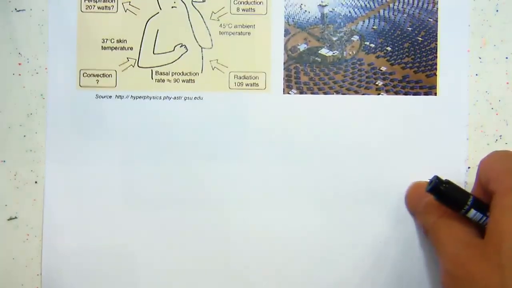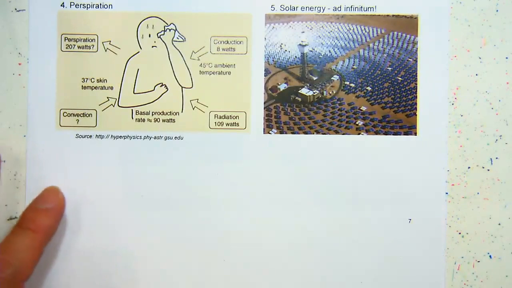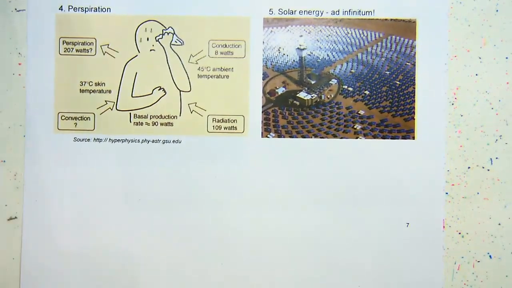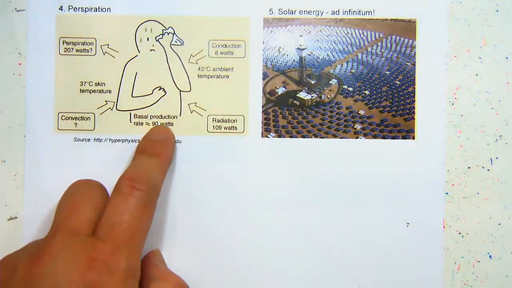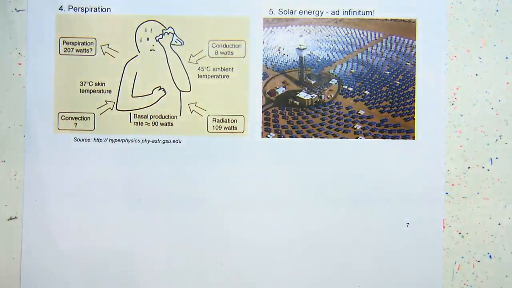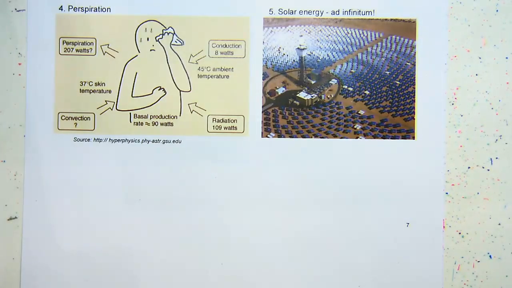Another two examples are related to human comfort. As humans, we are constantly generating heat. The basal production is about 90 watts, so everybody is generating this much heat. That's why if the room is full, it's a lot warmer compared to an empty room. This amount of heat needs to be constantly dissipated for us to feel comfortable.